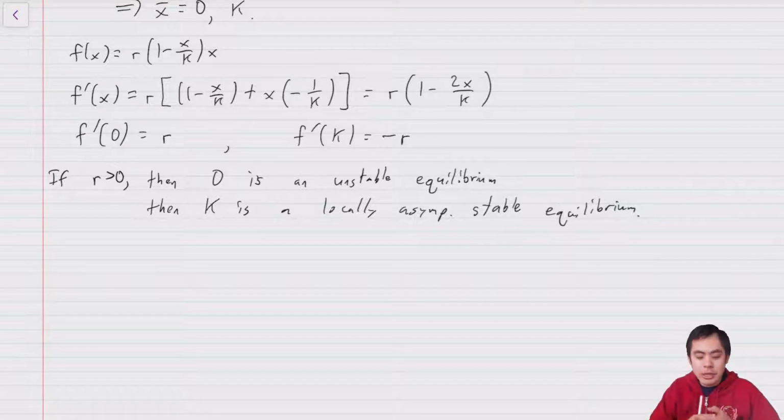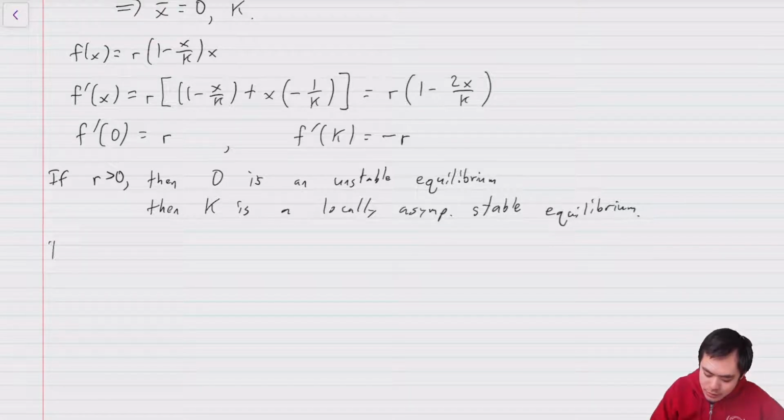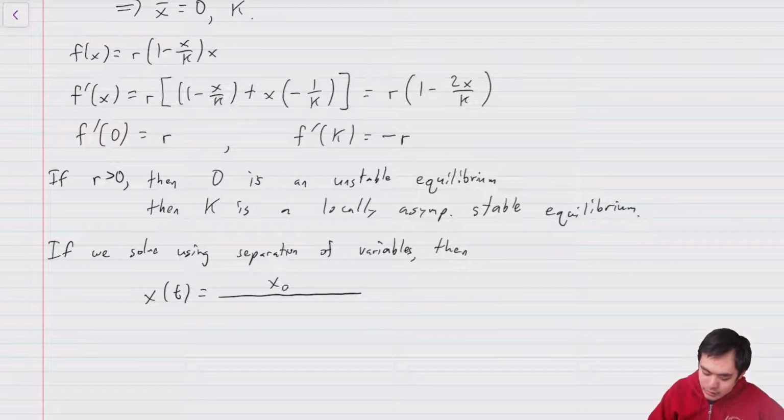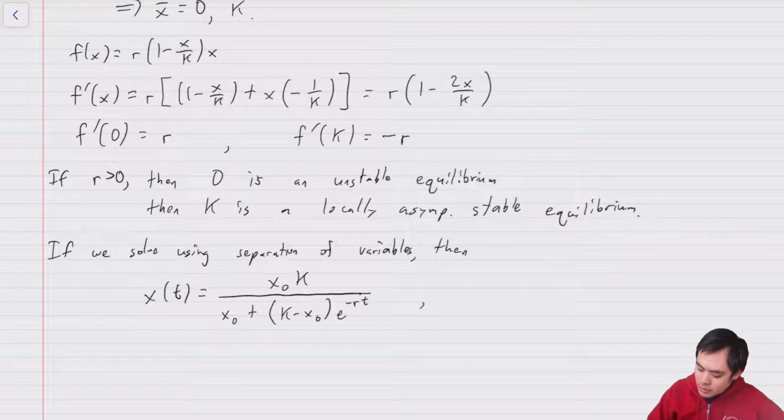It turns out that for this equation, we can actually explicitly solve it, and you can solve it using separation of variables, so just standard differential equation techniques. It turns out that if we solve using separation of variables, then we get that x of t is equal to x naught times k over x naught plus k minus x naught e to the minus rt, where x naught is equal to x of 0, of course.